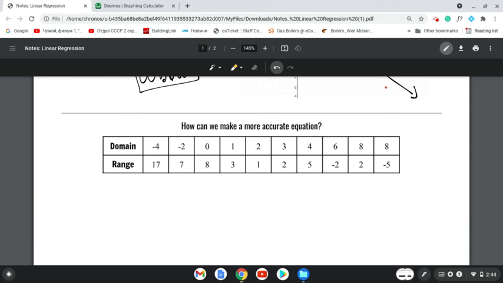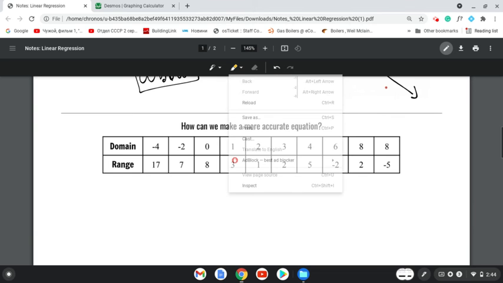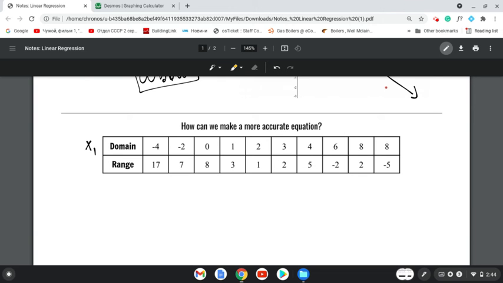So remember, when we are given a table of values with domain and range, domain is going to be our independent variable and range is going to be our dependent variable. So I'm going to call the domain x sub 1 and the range y sub 1.